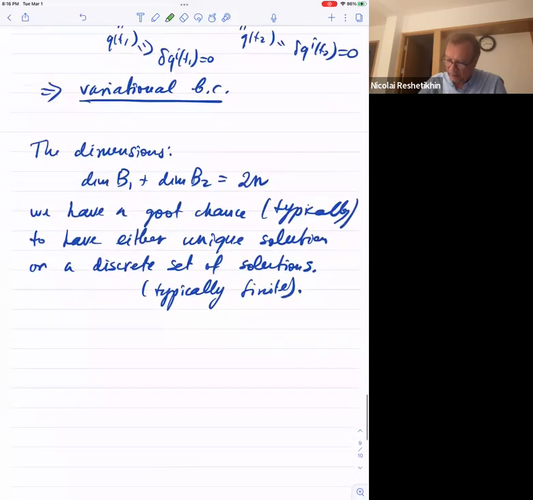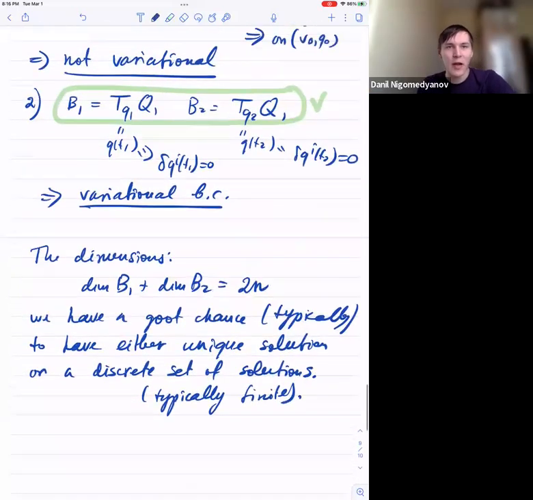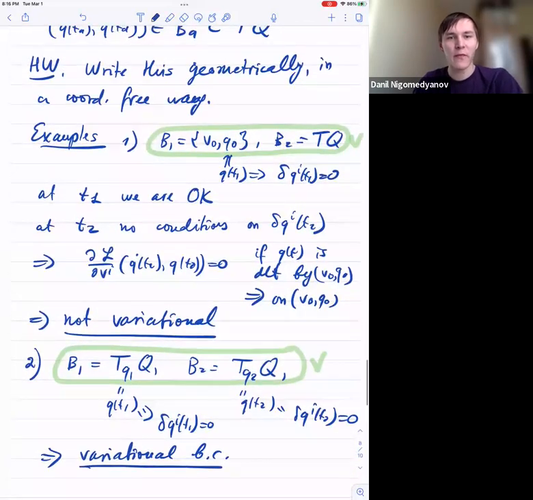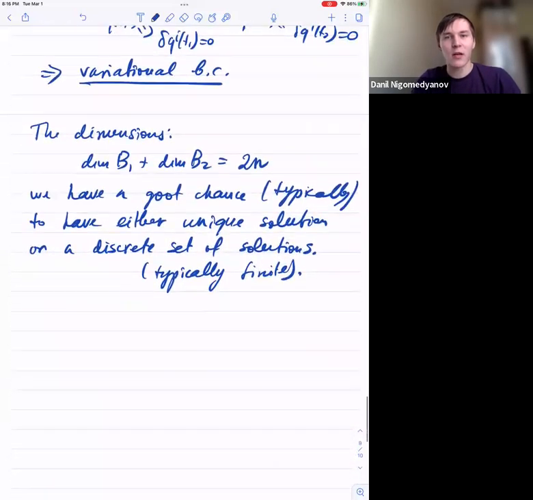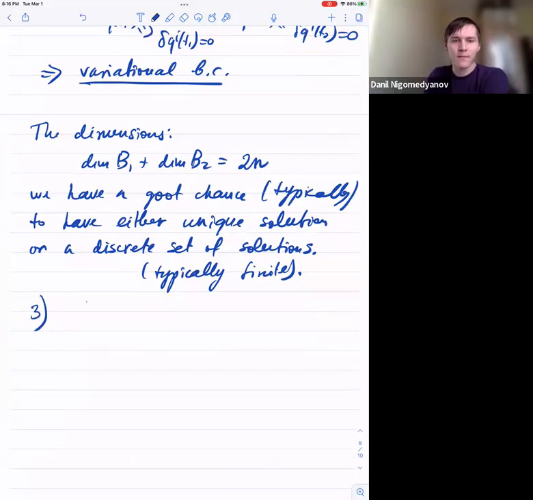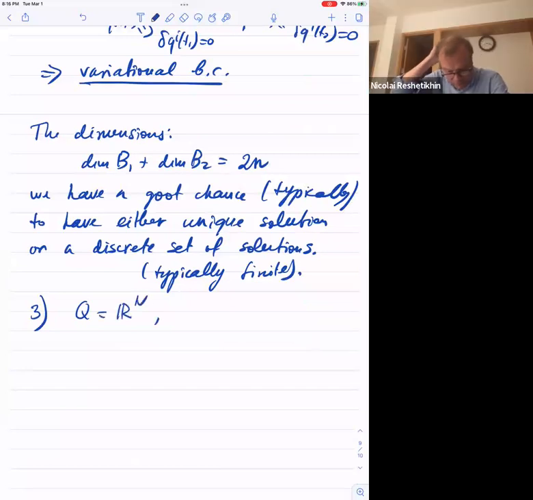By the way, is there any intermediate example? In the first example the dimension of the second boundary is the maximal. Yes, of course. Let's consider the special case when Q is just Rn. Then the tangent bundle is trivial. It's Rn cross Rn. These are the velocities, these are the Qs.